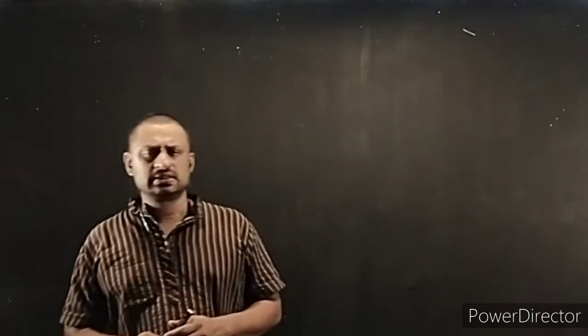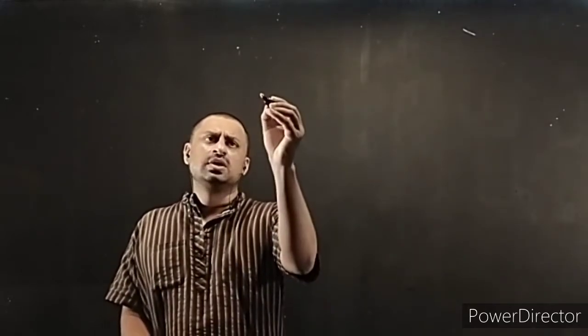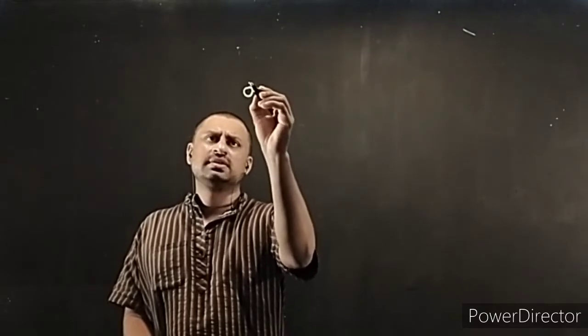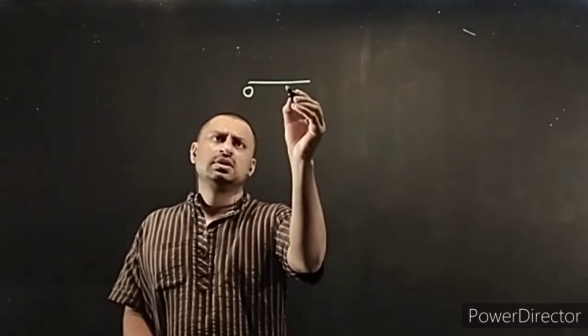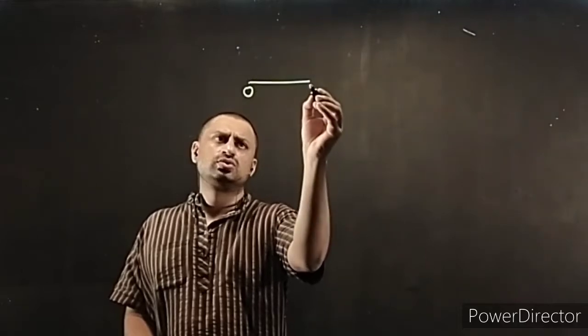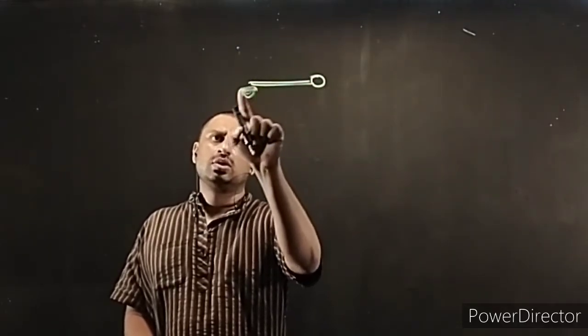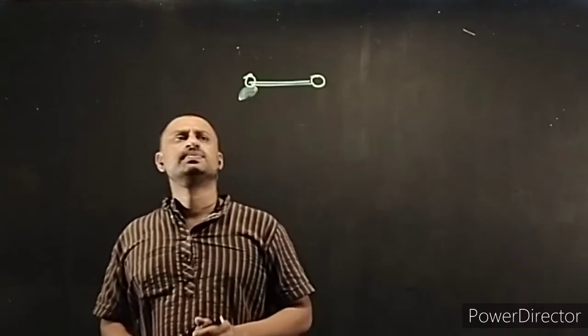So if you take oxygen gas, O2, it's symmetrical. It has got two oxygen atoms like this.